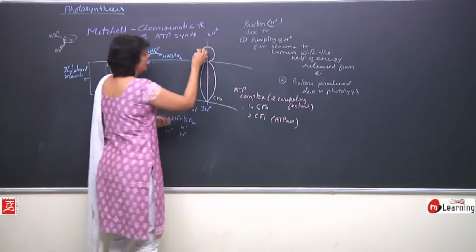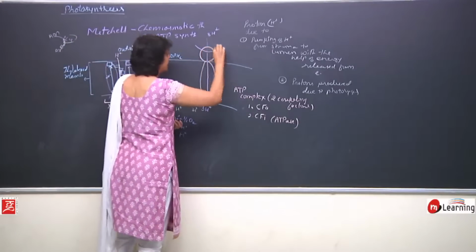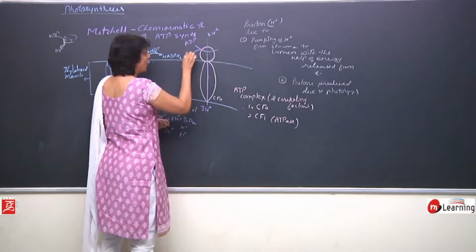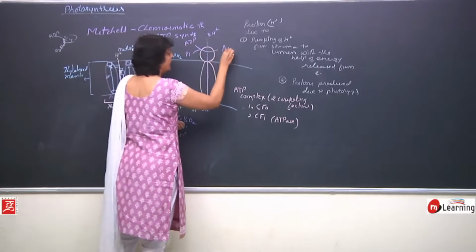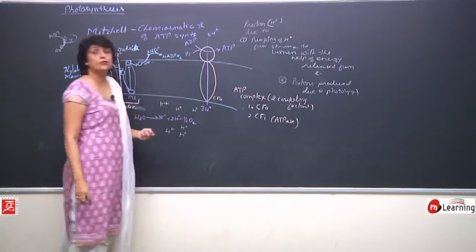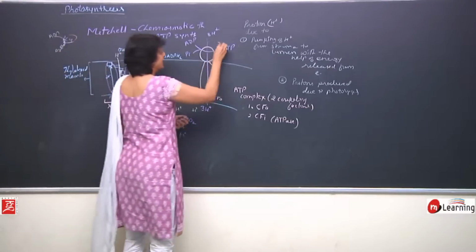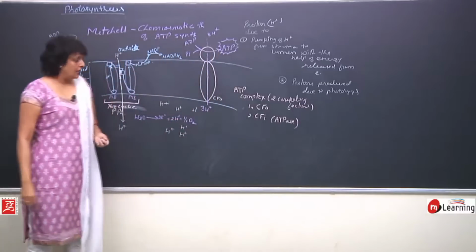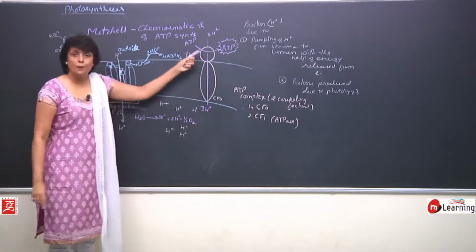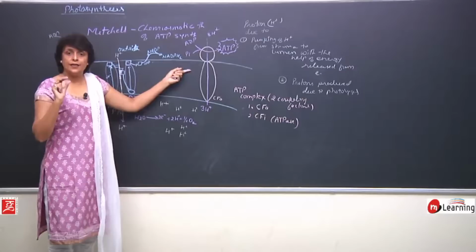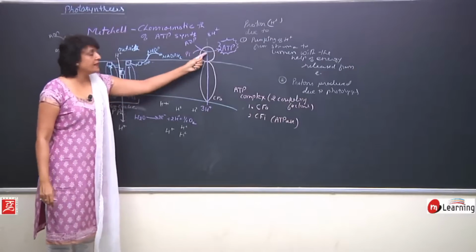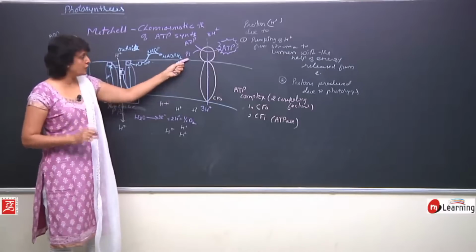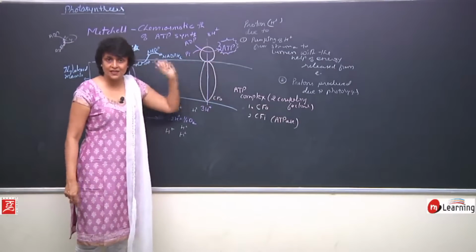This energy is utilized to combine ADP and inorganic phosphate, and ATP, that is adenosine triphosphate, is synthesized. So, 3 protons going back release enough energy to make this bond between the diphosphate and one more phosphate, so that ATP can be synthesized.